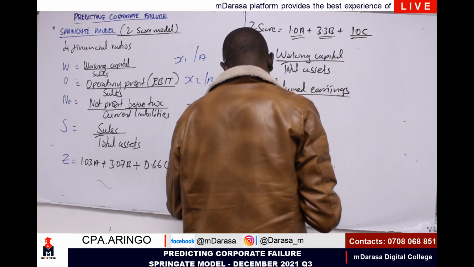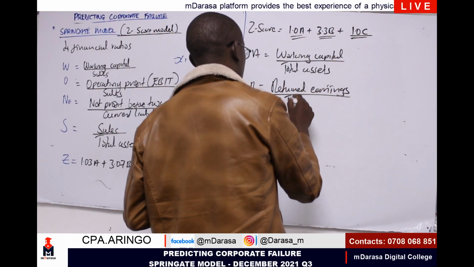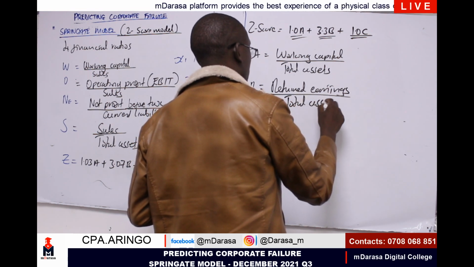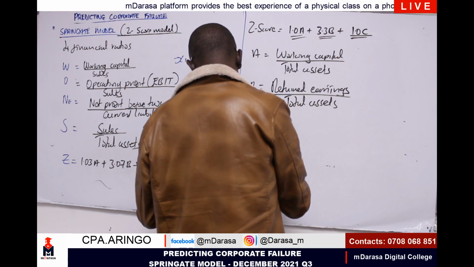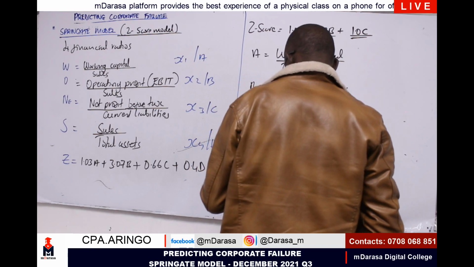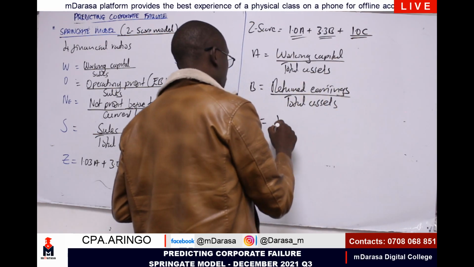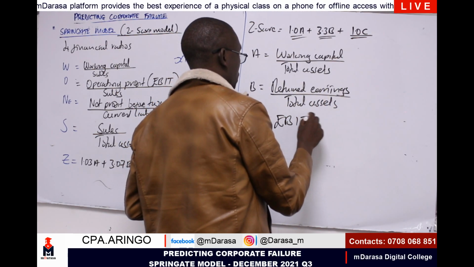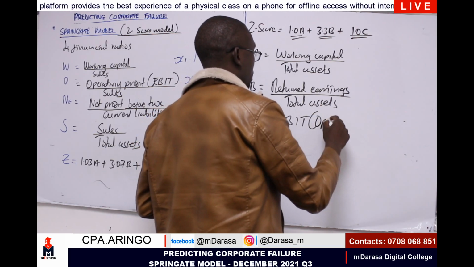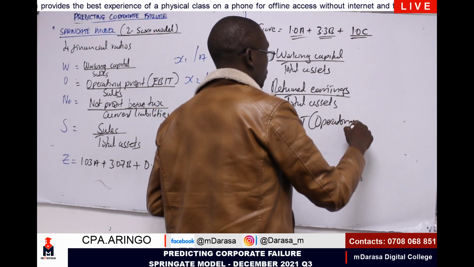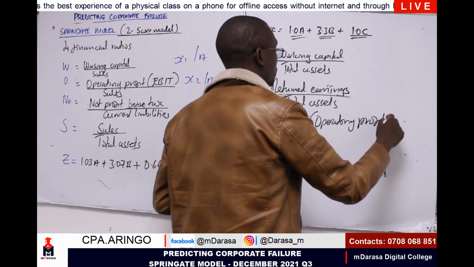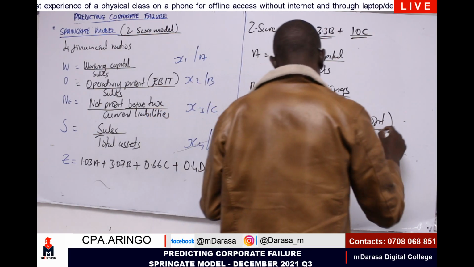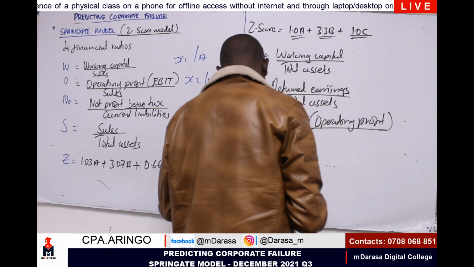Divide by our total assets. And finally, C, we'll be talking of earnings before interest and taxes, EBIT, which is literally our operating profit. Divide this one by, of course, what?